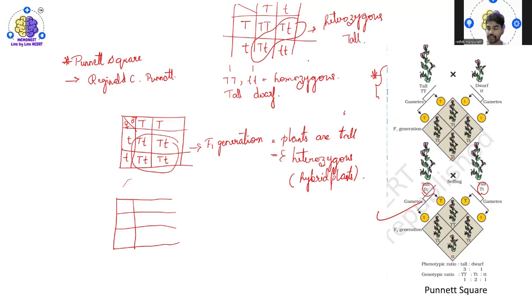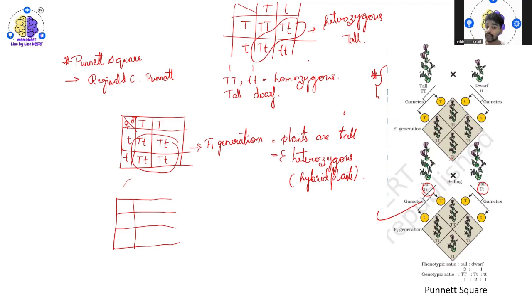So one thing is clear: out of the dwarf and the tall, the one which is dominant will express its character in all the generations, whereas the recessive one won't express unless they are in homozygous condition. Remember, recessive will be able to express only when they are in homozygous condition, not when they are in heterozygous condition.